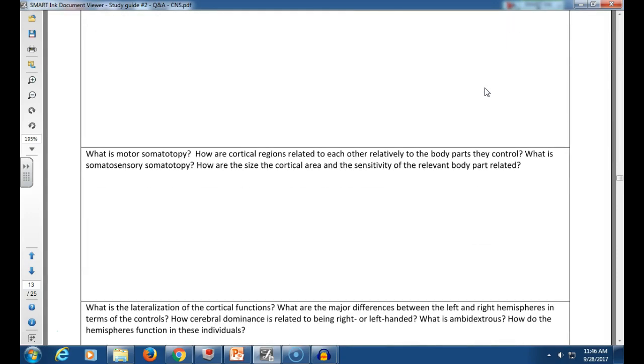Okay, I'm skipping. Somatotopy. Understand both motor and sensory, size of the body to the size of the cortex. Ability to do fine motor activities corresponds to the size of the cortex, and the number of sensory receptors corresponds to the size of the cortex.